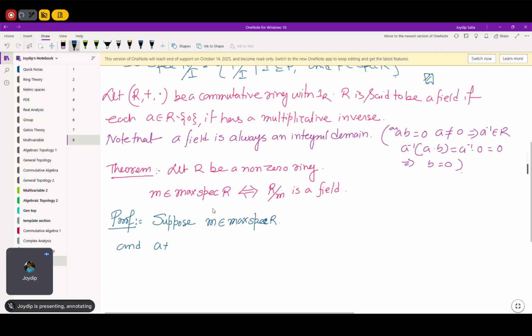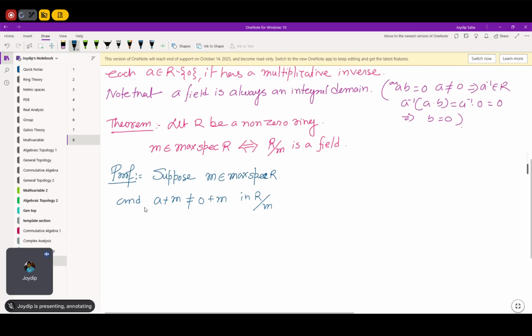Now back to this theorem. Suppose M is a maximal ideal, M belongs to Max Spec R, and a plus M is not equal to 0 plus M. That is a non-zero element in R mod M. We need to show that it has a multiplicative inverse.